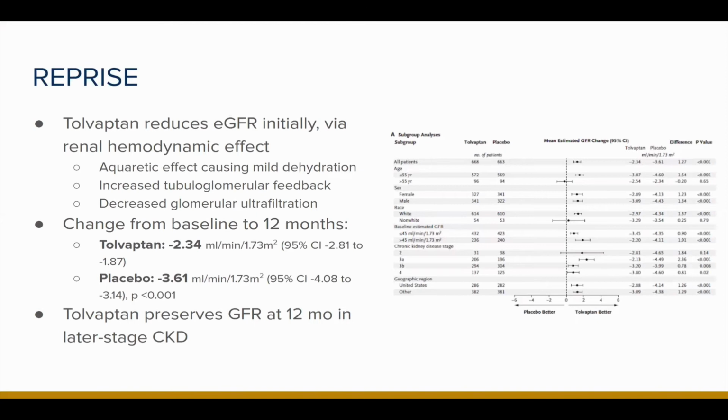But the primary endpoint of change in GFR at 12 months was found to be significant, with tolvaptan having a slower decline in kidney function compared with placebo, suggesting that tolvaptan preserves GFR at a 1-year endpoint, even in later stage PKD.